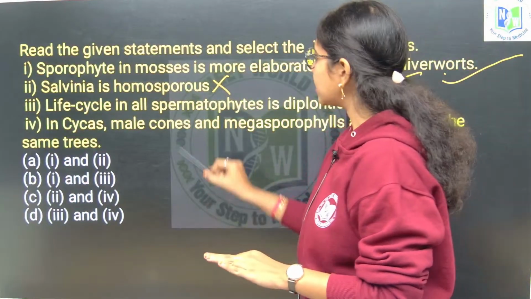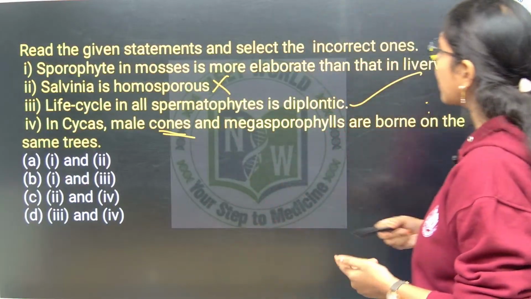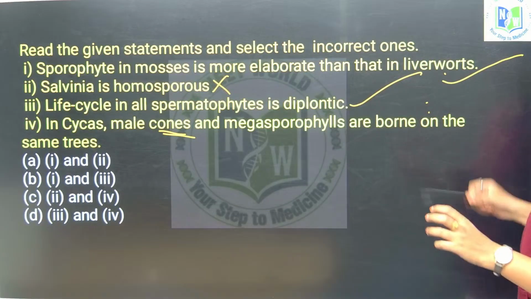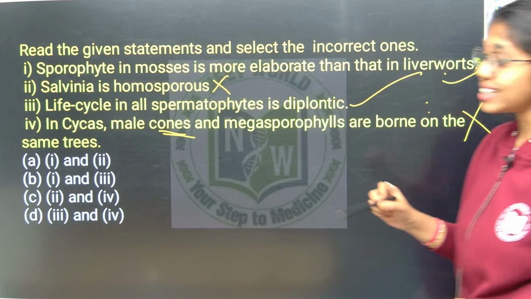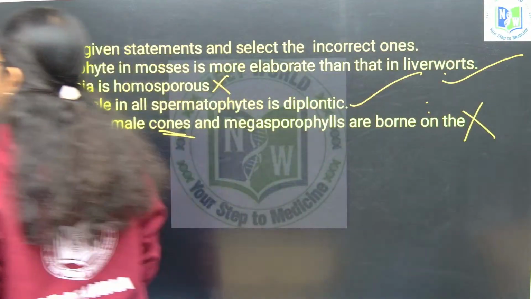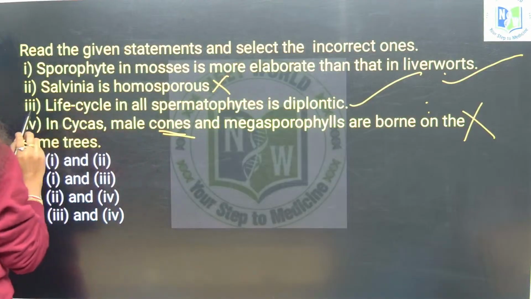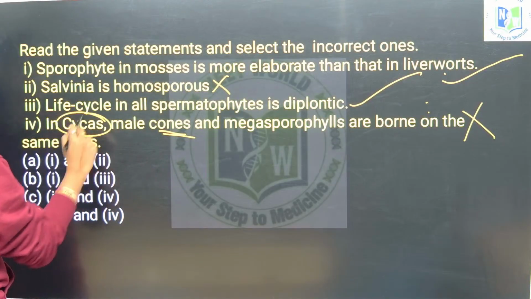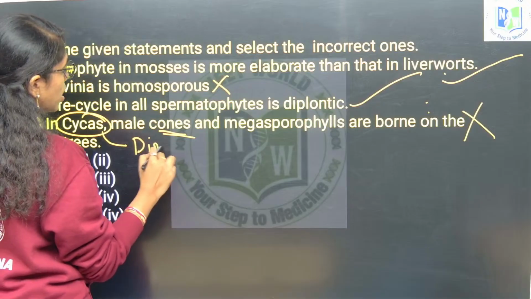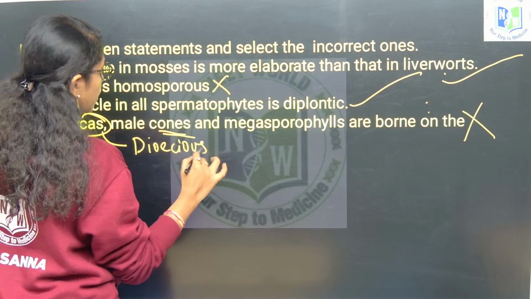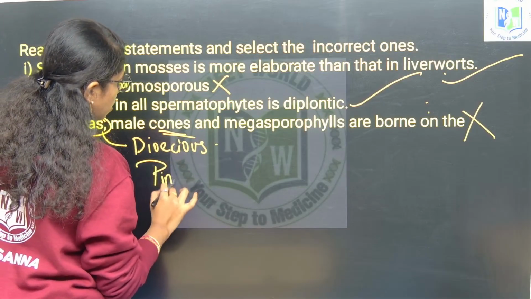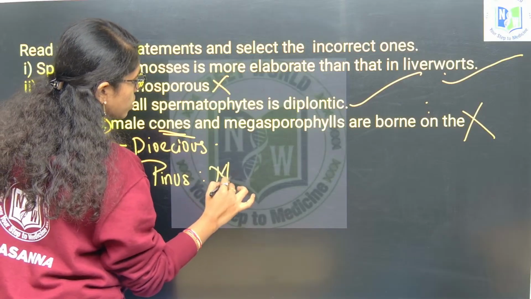In Cycas, male cones and megasporophylls are borne on the same trees. Wrong. Cycas is dioecious, Pinus is monoecious. Yes, Tanvir, you can ask, beta. Cycas is dioecious, Pinus is monoecious.